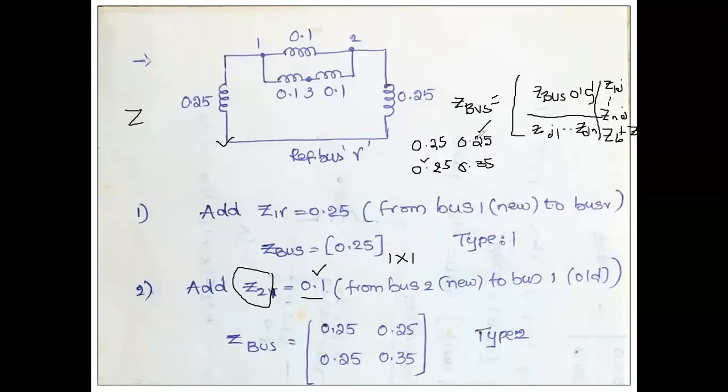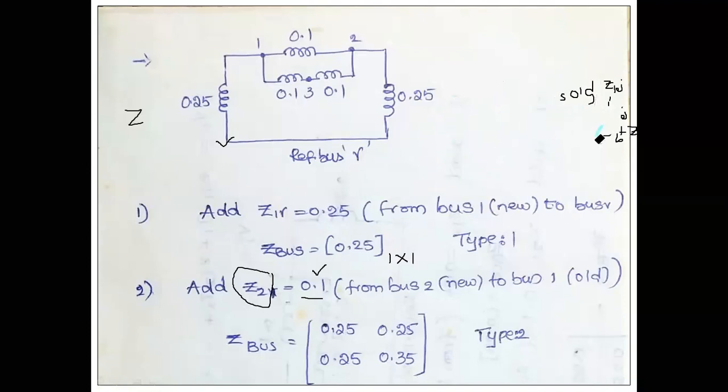So 0.25, 0.25, 0.25. Now you see here, 0.25 plus 0.1 means obviously you will get 0.35. So Z bus new is 2 by 2, you will get a 2 by 2 matrix. We have already completed this in the last class, so we are not going to focus much on this one.